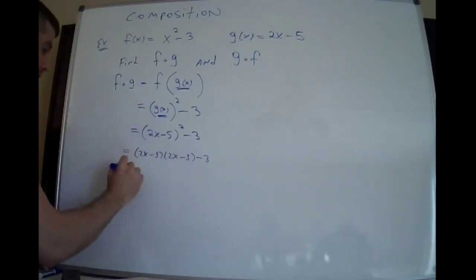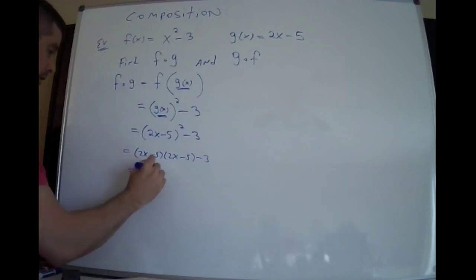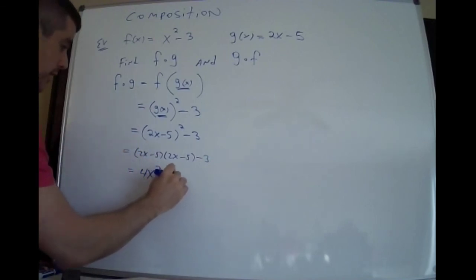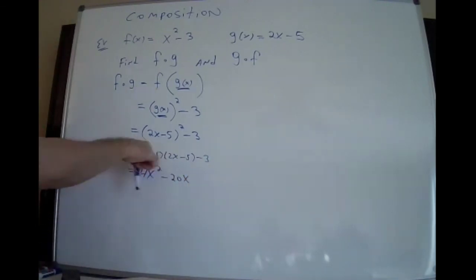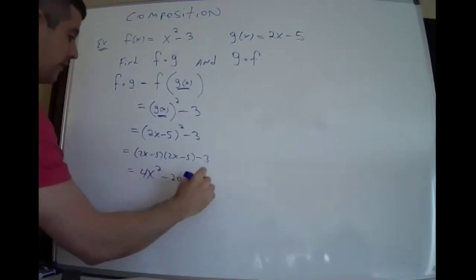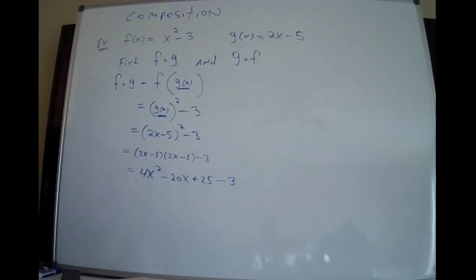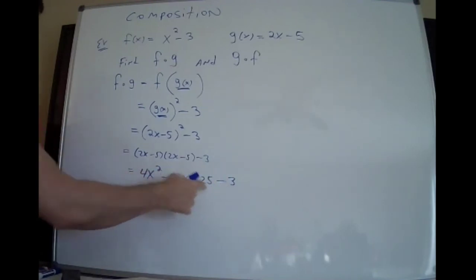Multiply it all out. Now here's what I'm going to achieve a little. I know that 2x and 2x is 4x squared. I have minus 10 and minus 10, so I have minus 20x, right? Minus 10x, minus 10x. And then I have a positive 25. And then I still have that minus 3 waiting there. Now you can combine.